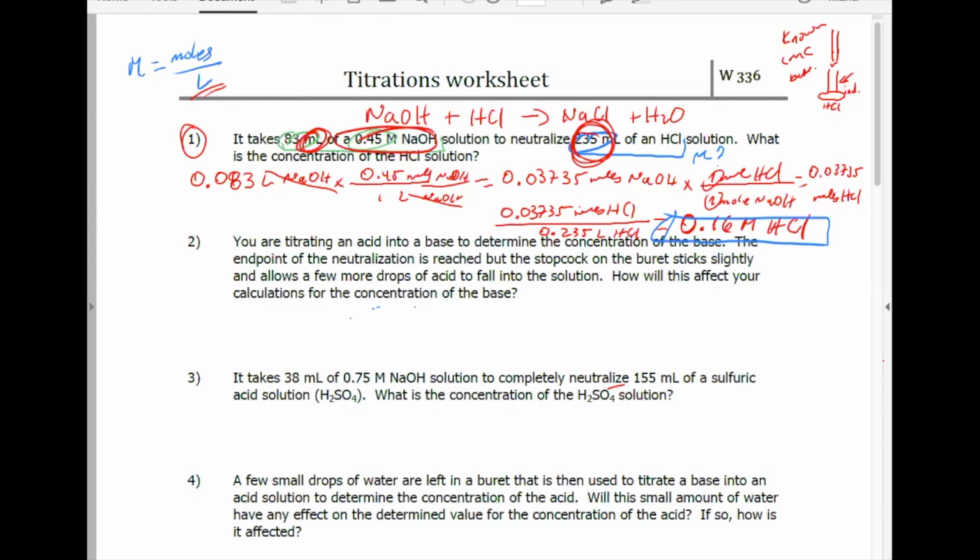Some of the titration problems might look a little different. They might tell you this many reacted, or this much was consumed. However they put it, you have to keep in mind that we are looking at the stoichiometric ratios between the amount of base used and the amount of the acid that we started with.